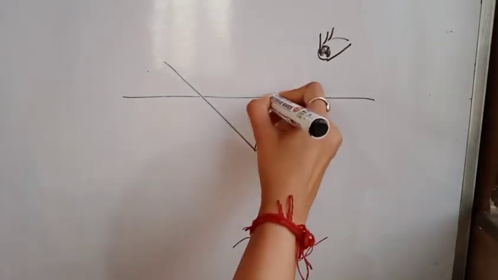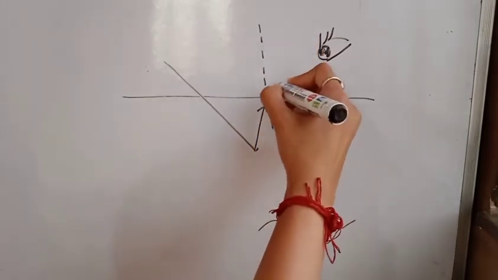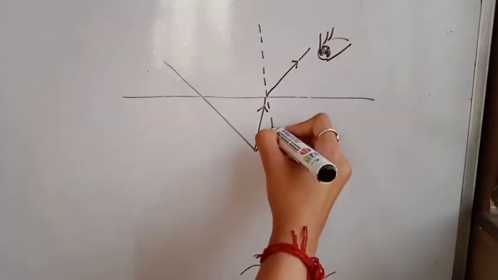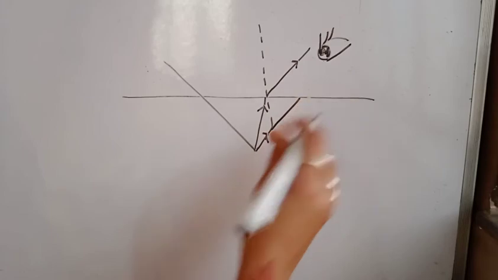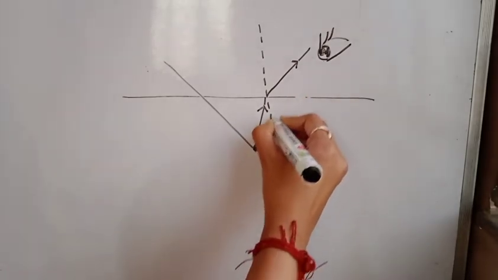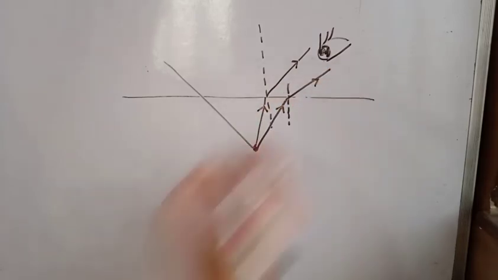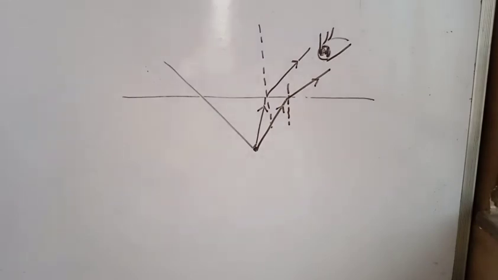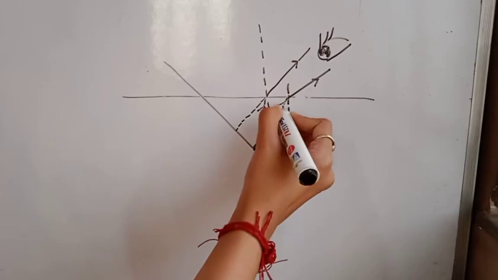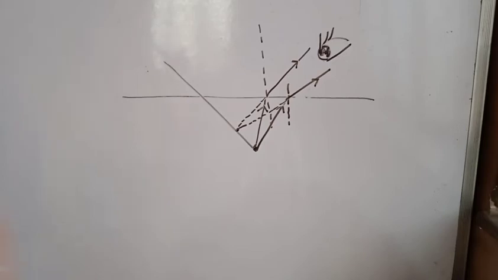So the ray of light will come from this line, and this is the normal, and will go away like this. Another ray of light is coming from this direction. Here this is the normal to this surface, and will go like this. Now my eye cannot follow this bent path, so I will follow this one and this one. So I will see that the object is a little shifted.